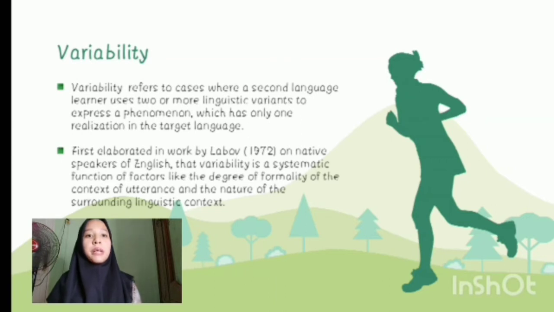In trying to explain the source of such variability in second language acquisition, researchers have generally worked from an assumption, first elaborated in work by Labov, 1972, on native speakers of English, that variability is a systematic function of factors like the degree of formality of the context of utterances and the nature of the surrounding linguistic context.